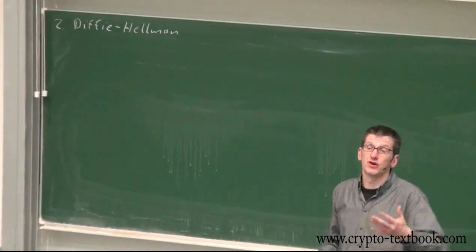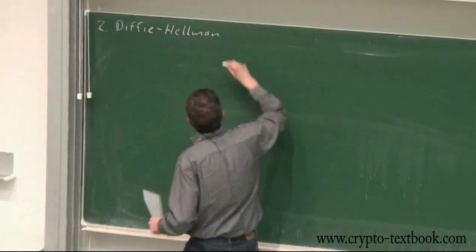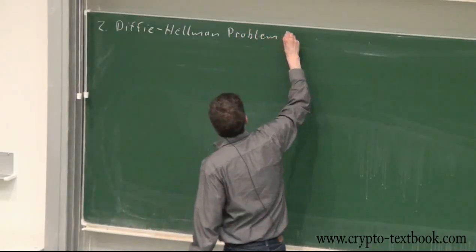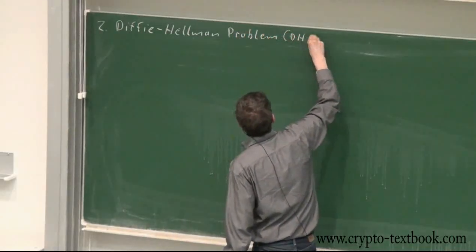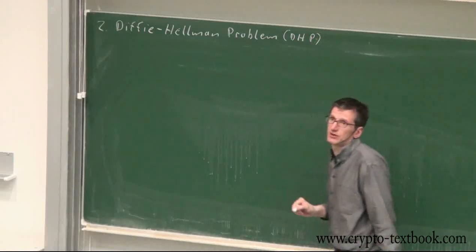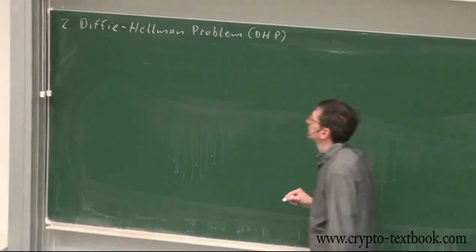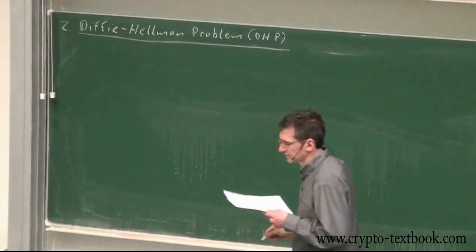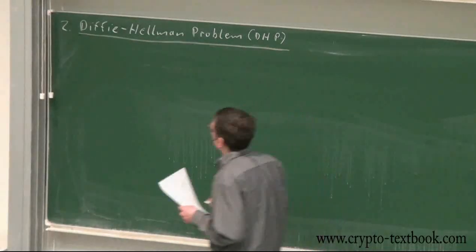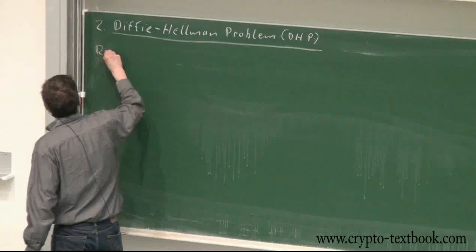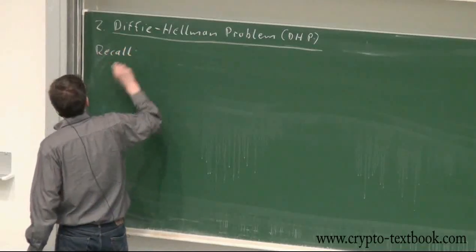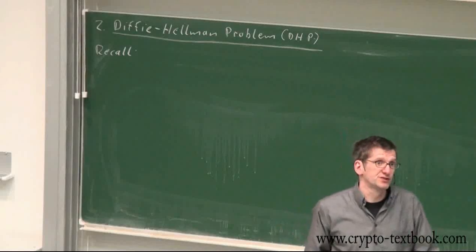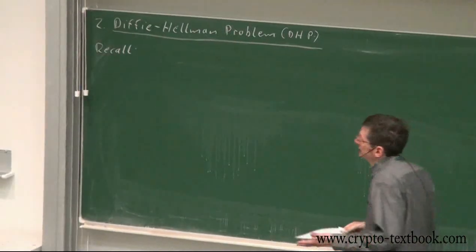We look at what's called the Diffie-Hellman problem, very often abbreviated as DHP, okay? If you want to look at the Diffie-Hellman problem, that probably has something to do with the Diffie-Hellman key exchange, and that's what we're going to do.